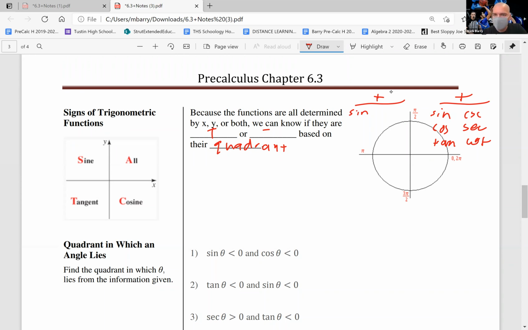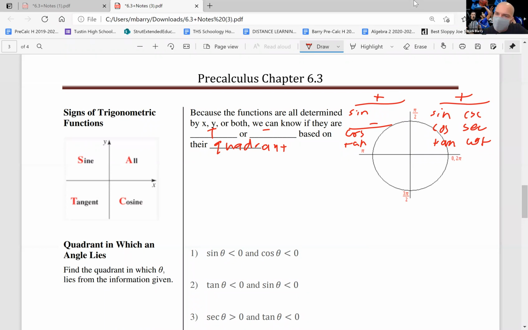However, the x value is now negative, so cosine is now negative. And a positive divided by a negative is going to be negative, so tan is also negative. So out of our 3 normal functions, in this quadrant, only sine is positive. The other 2, cosine and tan, are always going to be negative if your angle is in the second quadrant.